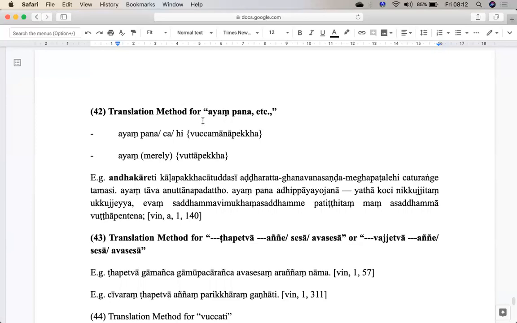So at that time, that Ayan is just a pronominal function, pronoun. So this tree, this monk, this woman, this man, and so on. So here, not referring to that type of Ayan. So Ayan without reference word.